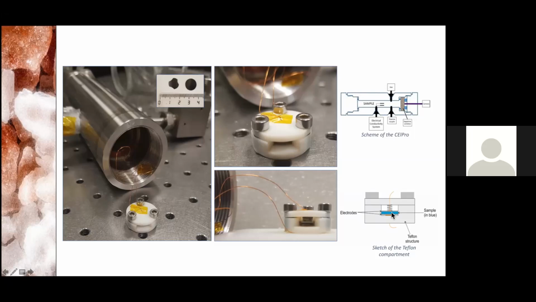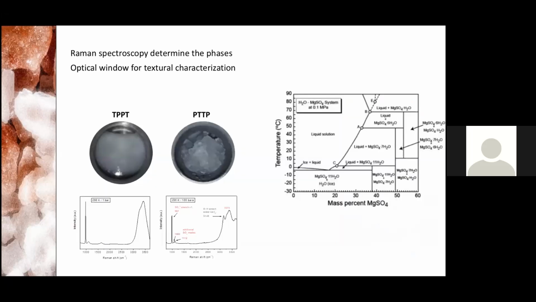You put the sample here between the electrodes to measure the dielectric properties. So visual control can be done as before through the sapphire window, and you can also make spectroscopic measurements to control the phases.